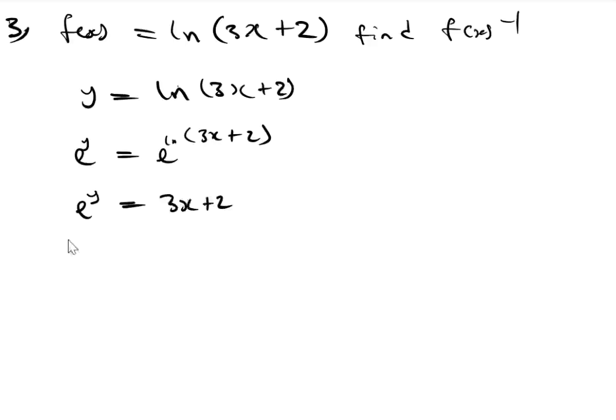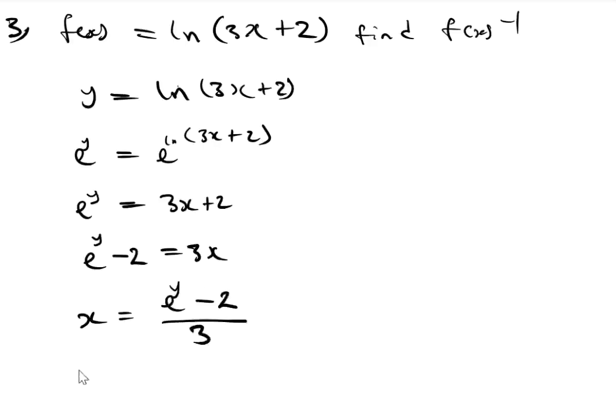Making x the subject, I have that exponential y minus 2 is equal to 3x. Then my x will be equal to exponential y minus 2 divided by 3. So my inverse will be exponential x minus 2 divided by 3. And this is my final answer.